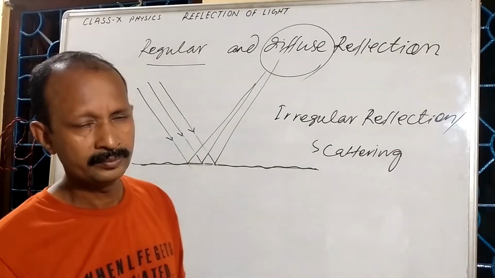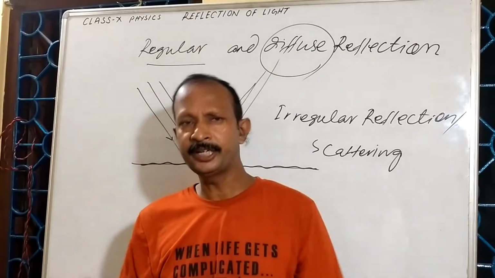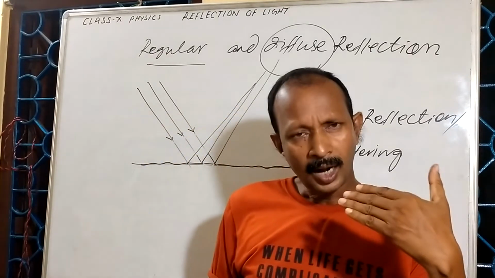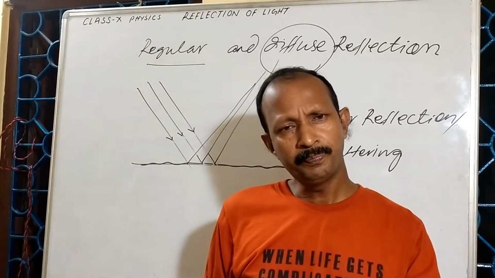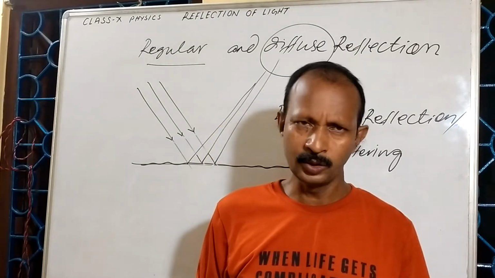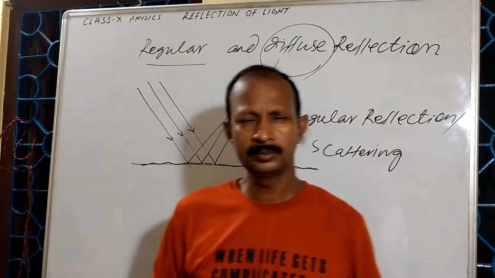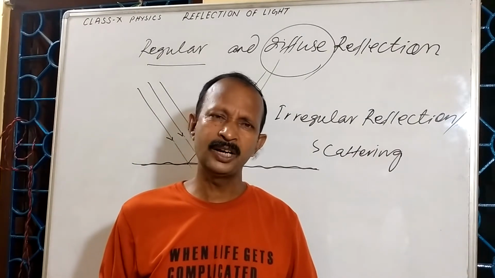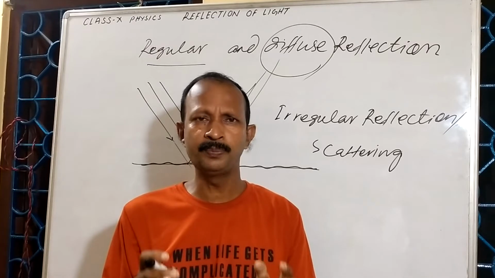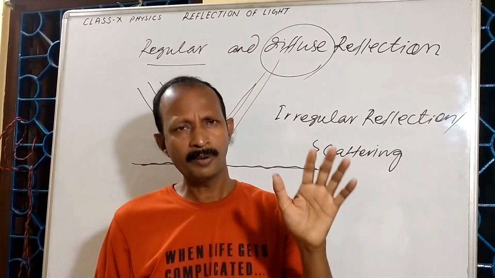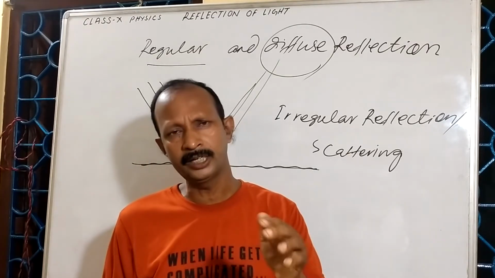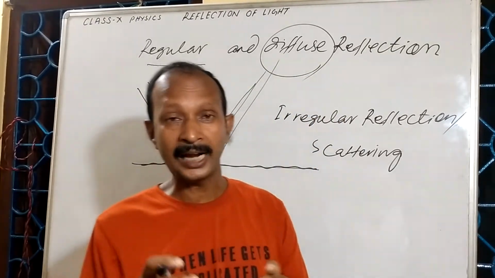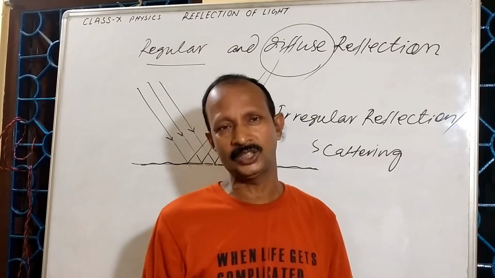You see that a book is on the table, we are in the room. At any point in the room, if you observe the book, we can observe it. How is it possible? Because the light which is falling on the surface of the book from any source, it may be your tube light, it may be sunlight, whatever it may be, the surface is scattering the light in all directions.